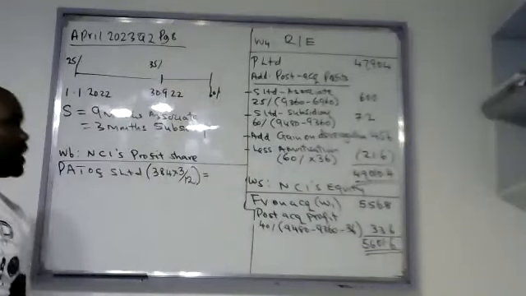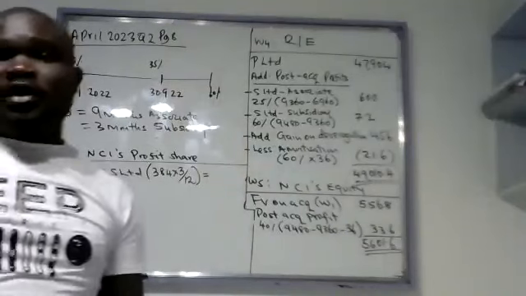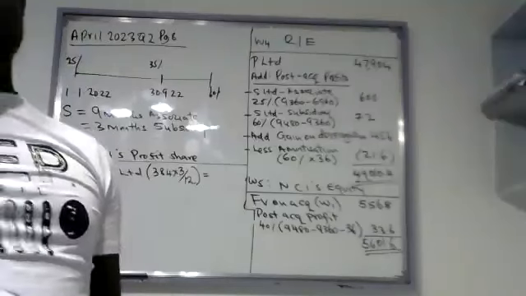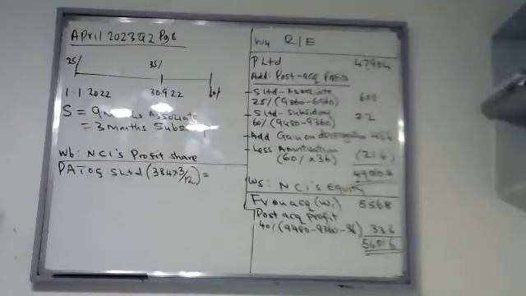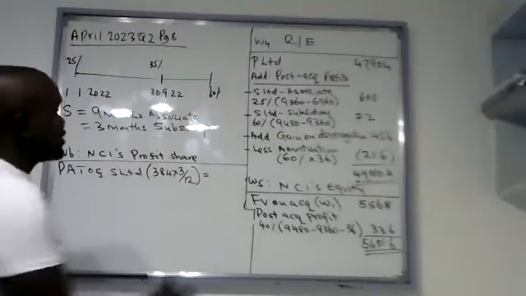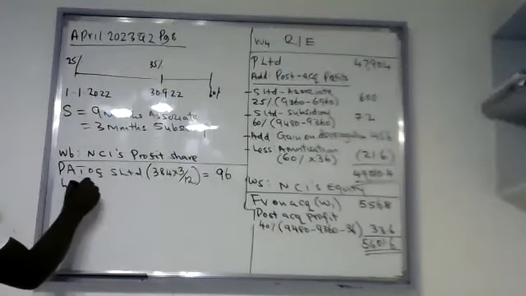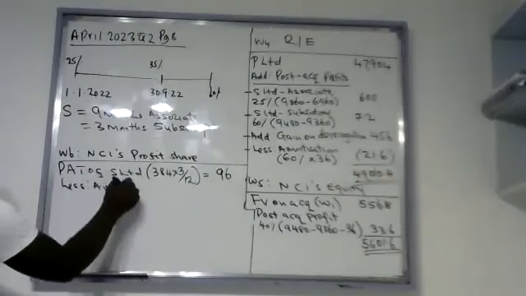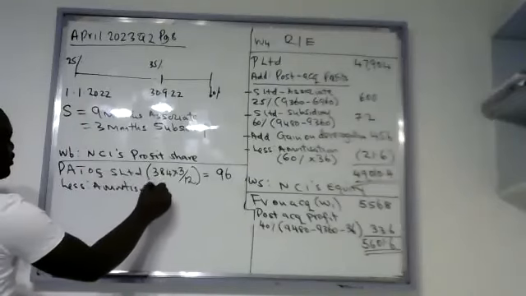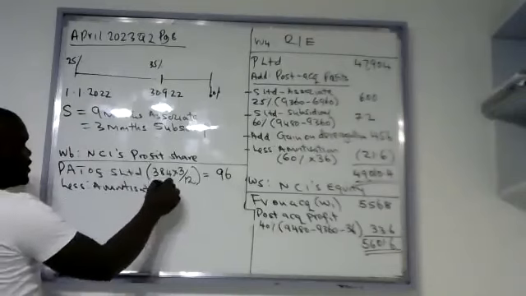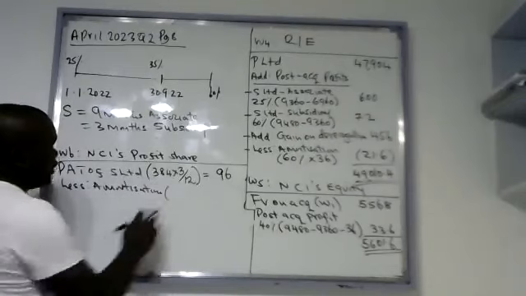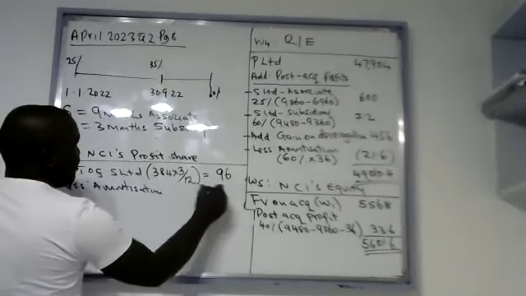So only for 3 months. How much is that? 384 by 3/12, which is 0.25. You get how much? 96. Less amortization only. So amortization was 36. I remember.